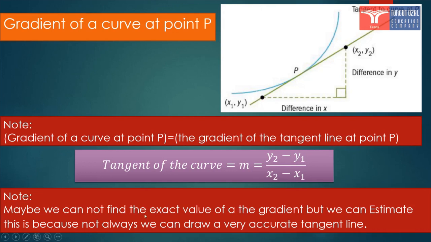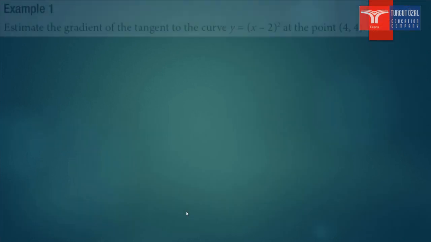So don't worry if you find different values for the gradient of the curve, because this depends on how accurately you can draw the straight line. We cannot always find exact values, but we can estimate the gradient of the curve. And this happens because you cannot always draw an accurate straight line.